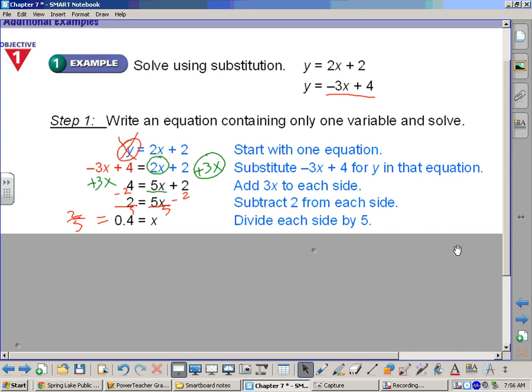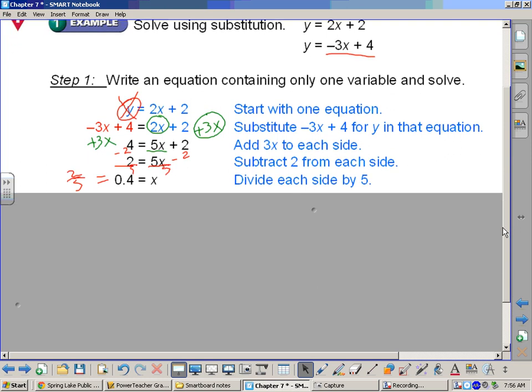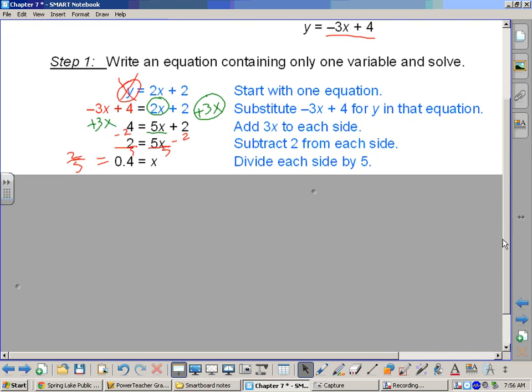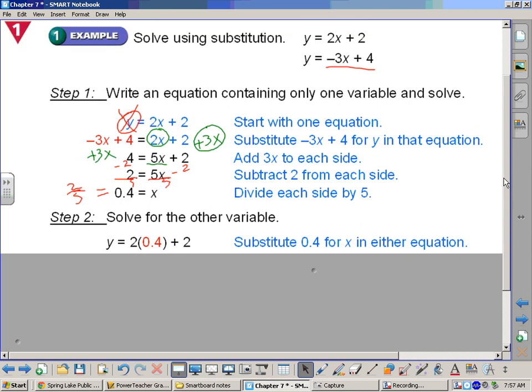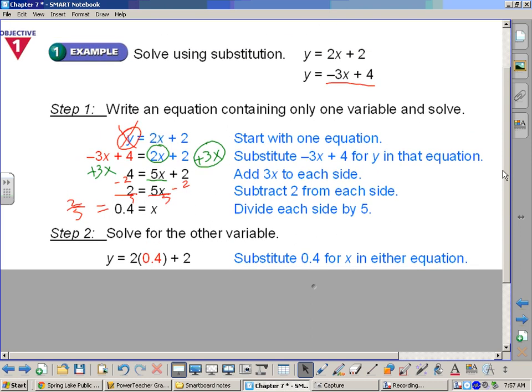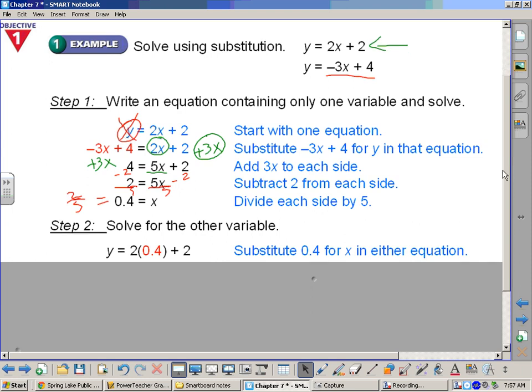So that's x, but remember, we need two answers. We also need to know what y equals. So we go back to one of the original equations. And again, it doesn't matter which one of these two we use. We can use this one for this problem, and then we may use the second one from another problem.